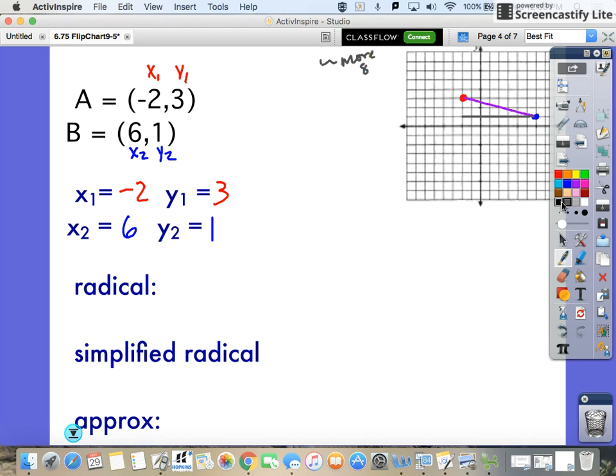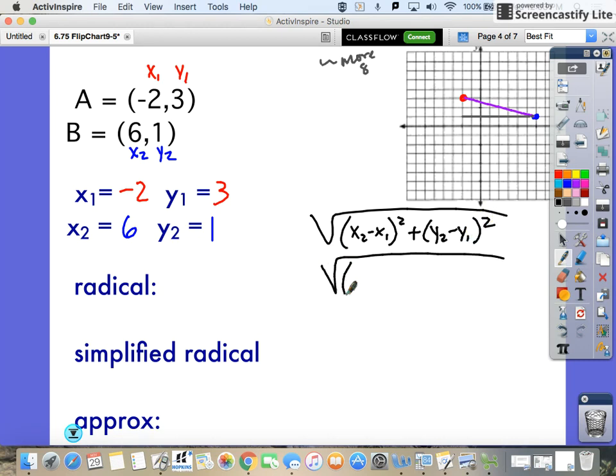All right, let's fill in our formula. Square root of x2 minus x1 squared plus y2 minus y1 squared. x2 is 6, x1 is negative 2. Now, be careful, you have to write a double negative here.